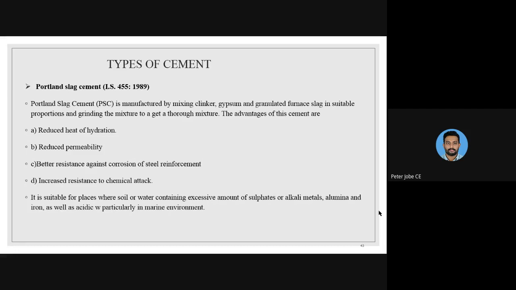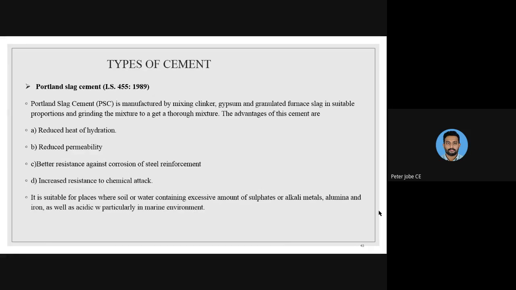But our local masons don't have an idea about the water cement ratio for it. They might have worked for years, but the cement they are comfortable with is either ordinary Portland cement or Portland pozzolana cement. They might not be very familiar with Portland slag cement.